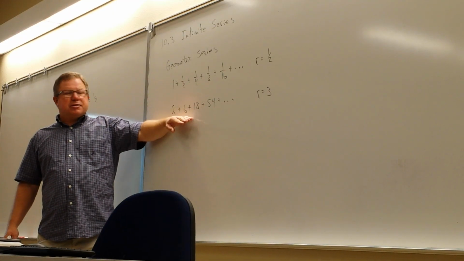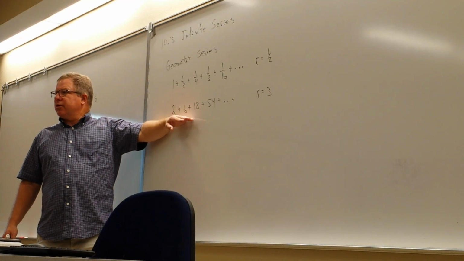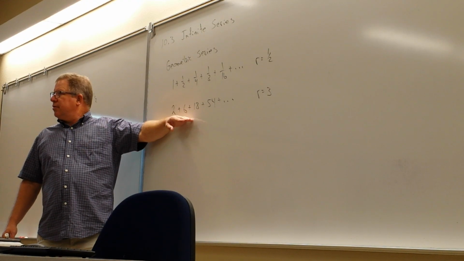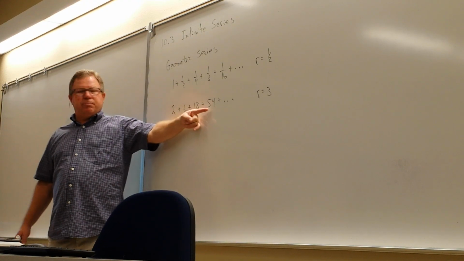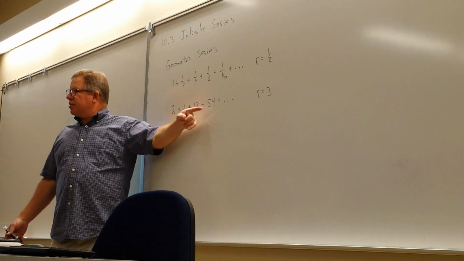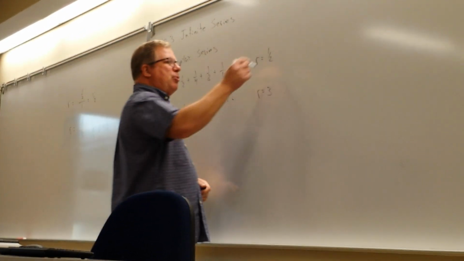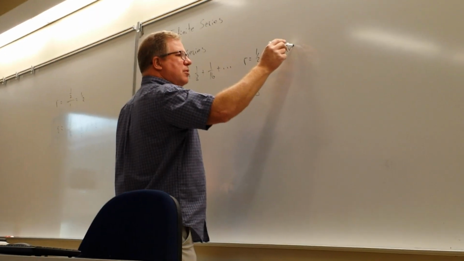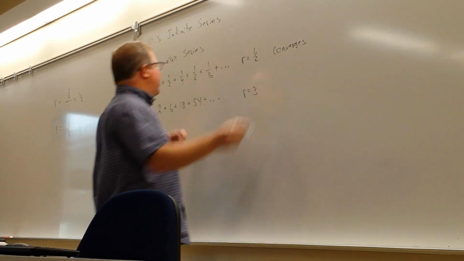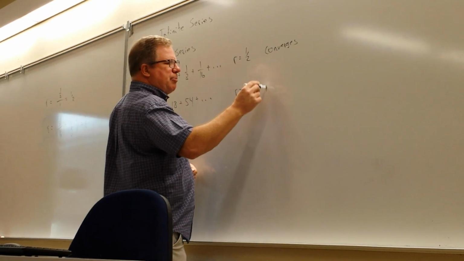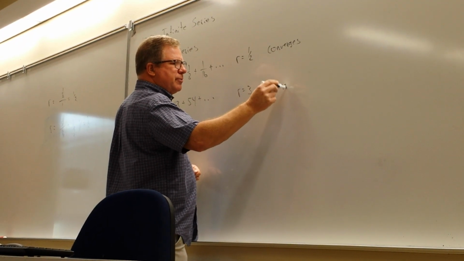If you carry this pattern out to infinity, what's that going to do? Diverge. Those are going to add up. You're going to go to infinity. That sum is going to go to infinity, isn't it? So this is an example that converges because that will have a finite sum. This is an example that diverges.